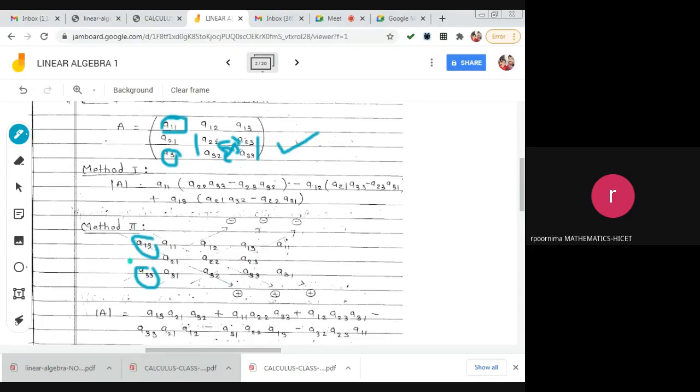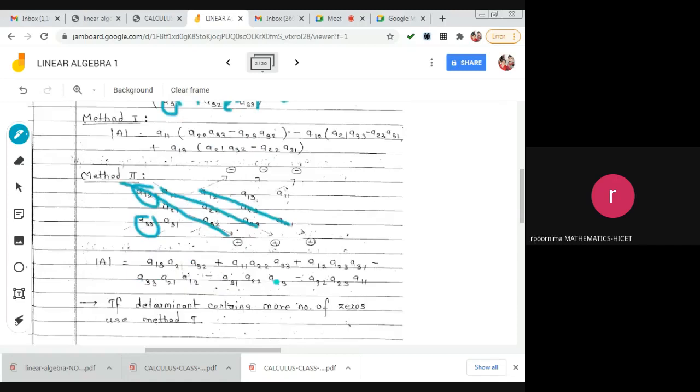Then you find the product terms. You multiply all these terms: A13 into A21 into A32 plus the next product of these terms A11 into A22 into A33 plus A12 into A23 into A31.